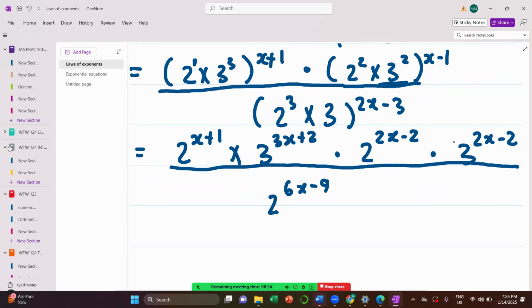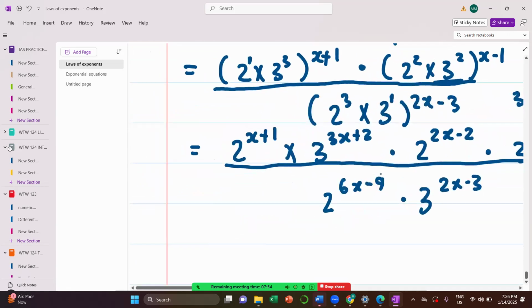So 3 times 2x is 6x, and 3 times negative 3 is negative 9. Hence I have 6x minus 9. Here I just have an exponent of 1, so I multiply the base of 3 by 1 times 2x minus 3, so it's going to be 2x minus 3. So that is the thing.